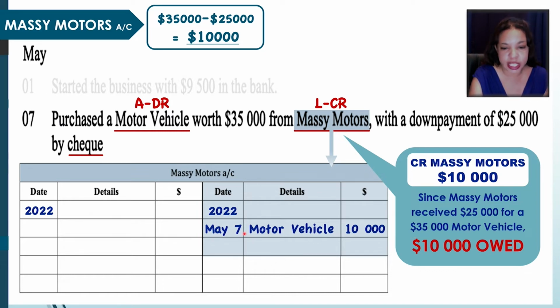So when you read this, you will see on May the 7th, purchased a motor vehicle from Massy Motors on credit, 10,000, meaning we owe them $10,000 for a motor vehicle. Good? Nice. And that's it for this transaction. You don't have to do anything with the other accounts. So only this one entry, get your marks.